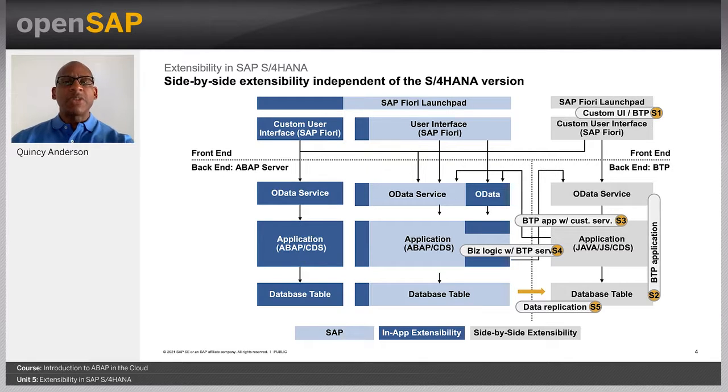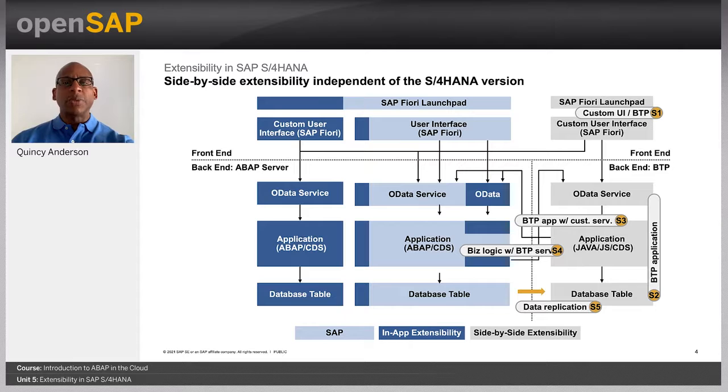BTP takes care of this via two services. First, the connectivity service, which establishes secure tunnels for the safe transfer of data back and forth between a subaccount and an on-premise environment. And second, the destination service, which allows destinations to specific on-premise systems being used by applications to be created and maintained.